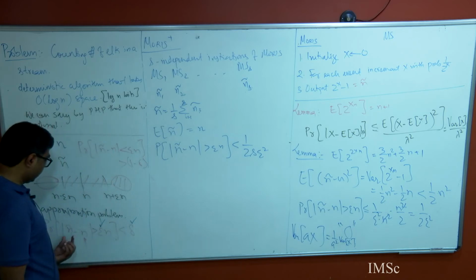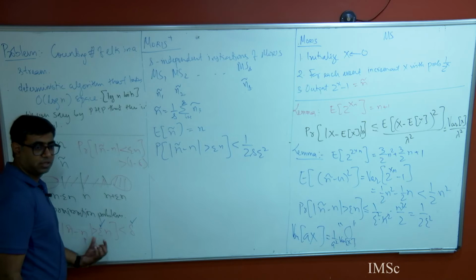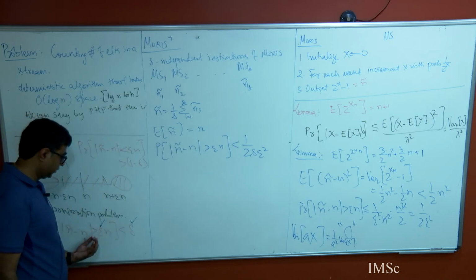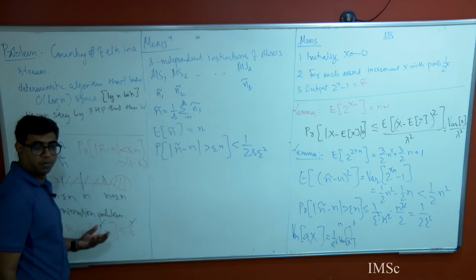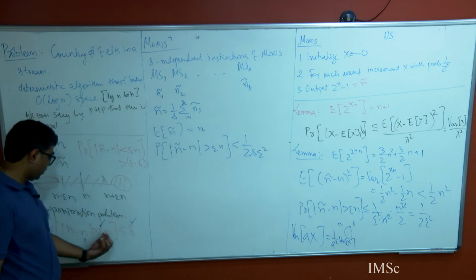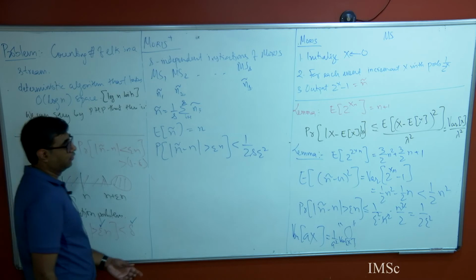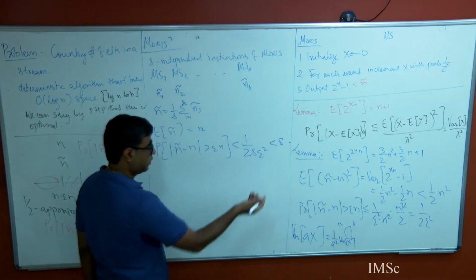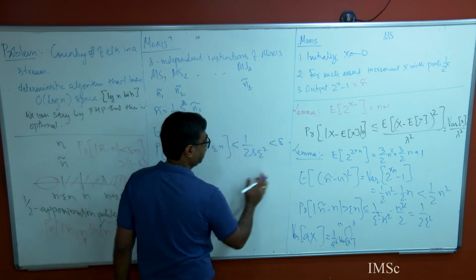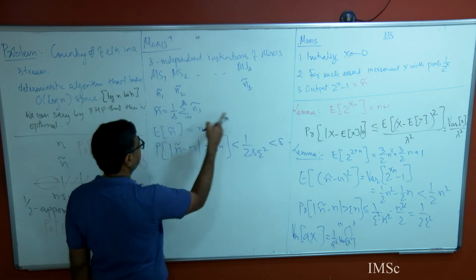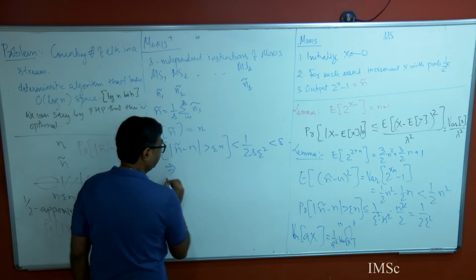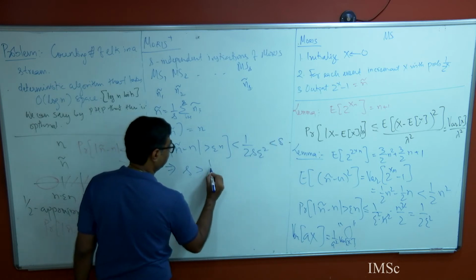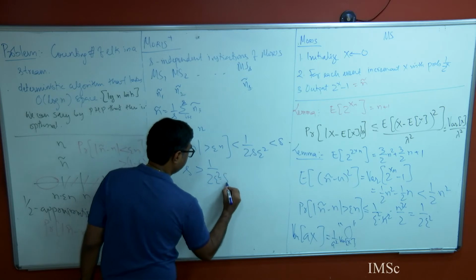You are giving me a 1 plus epsilon approximation with good probability, so your accuracy is high. I would like this quantity to be less than or equal to delta. So how many times do I need to run this algorithm? This tells us that if you want delta accuracy, then S should be at least 1 by 2 epsilon square times delta.